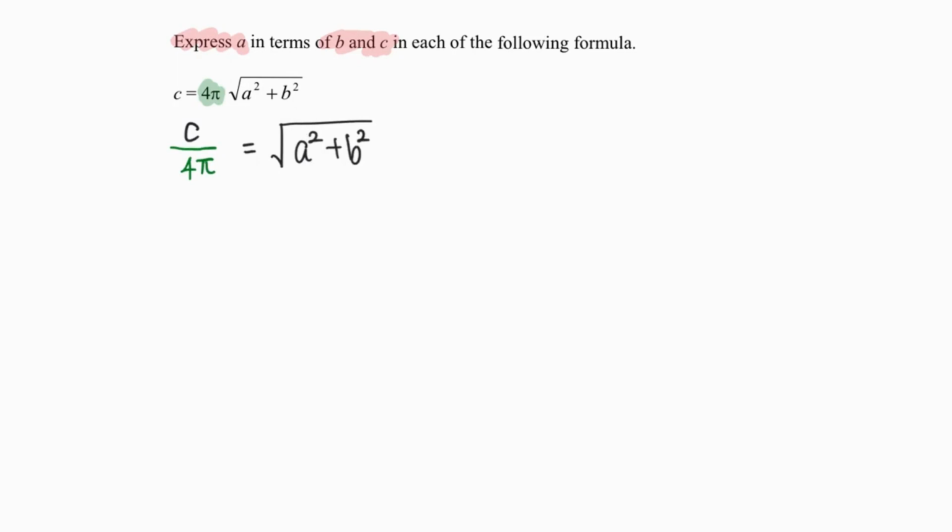And I saw this root, and in order to make sure that I do not see these roots again, so that I can continue to simplify further to work towards my A, I'm going to square both sides so that you will see this.